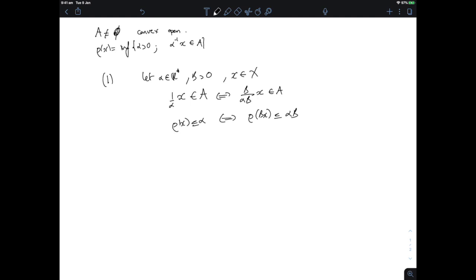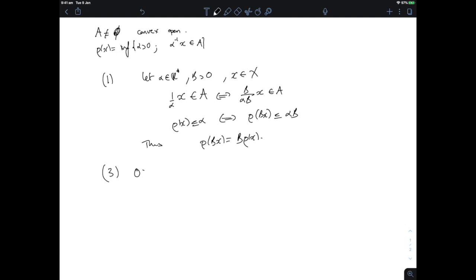And so because this is true for every alpha, we have that rho of beta x has to be exactly equal to beta rho of x, getting to the infimum. Okay, so that's property 1, that's the homogeneity of rho of x. I'm not going to do property 2, the triangle inequality, quite yet. I'm going to keep that for last. I'm going to do property 3.